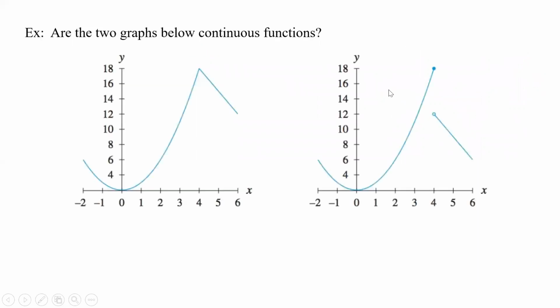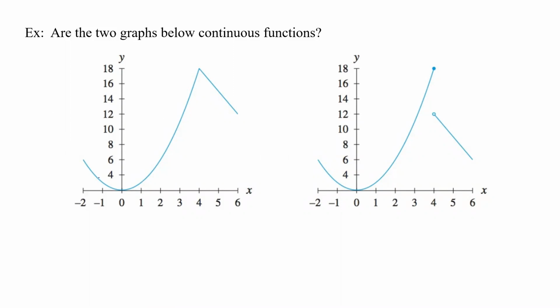Now, another key thing about continuous functions is that you can draw them from the left to the right and never lift your pen. If we look here, if we consider this goes on forever that way, and this goes on forever, we keep going up and we never lift our pen. So that really is continuous.